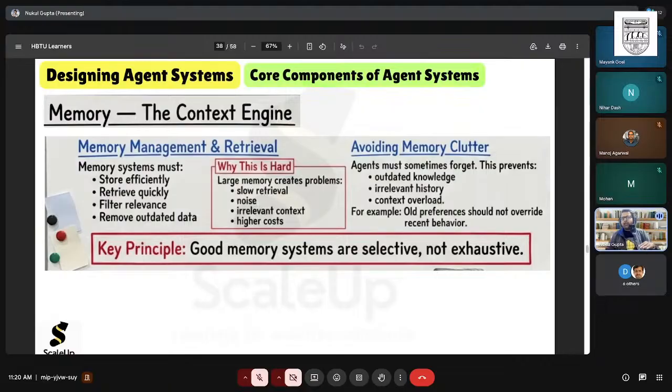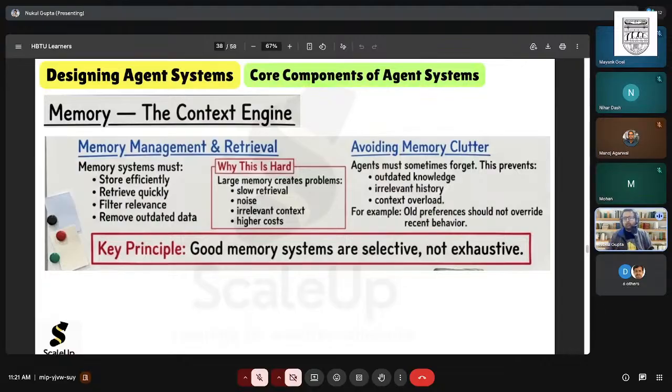Memory management is not easy because once the memory scales up, it keeps on growing. We will see lag, like retrieval becoming slow. Noise might be there in the data, irrelevant context, and higher cost of managing large memory.